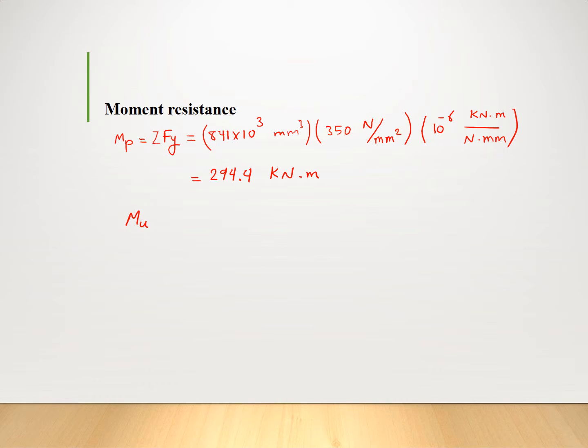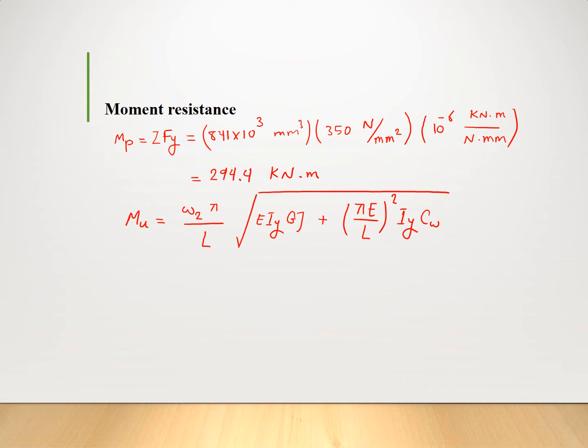Now we have to calculate the elastic lateral torsional buckling moment, Mu. Mu is equal to omega 2 pi over L square root of E Iy G J plus pi E over L squared Iy Cw.